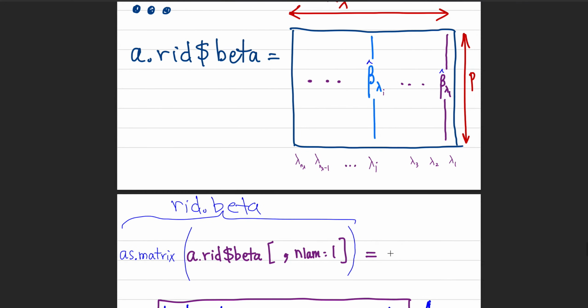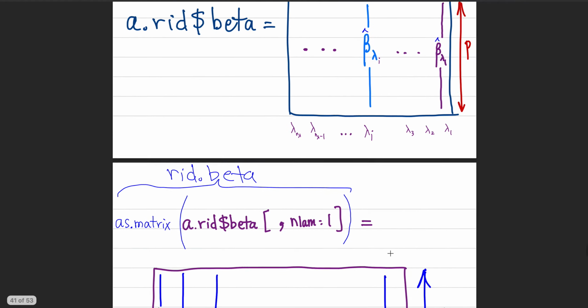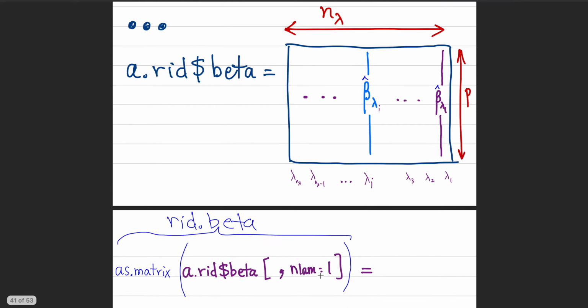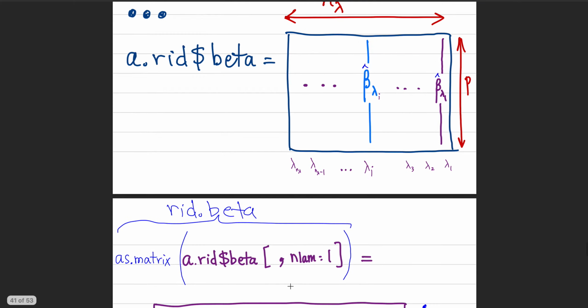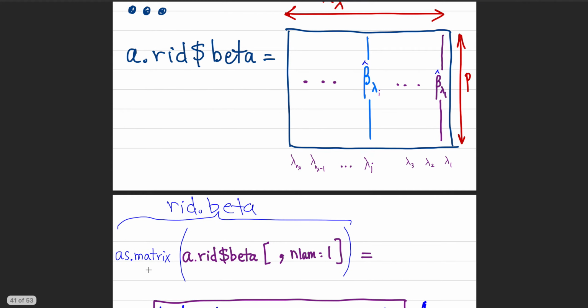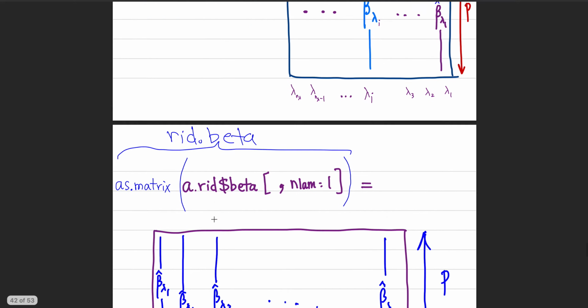Now, what we are going to do is call them in reverse order. We want the beta with the smallest lambda to be the first column, and the beta with the second smallest lambda to be the second column. That's what we are doing here. And then we make this a matrix and call it ridge beta.